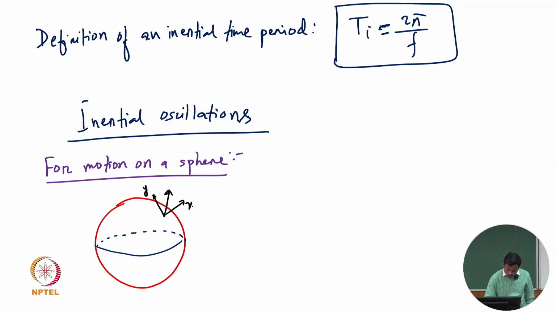So we use a coordinate system where x is the direction in the east, y is the direction in the north, and z is the direction upwards.